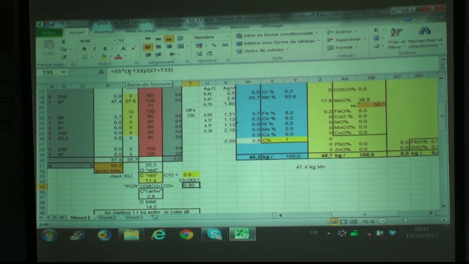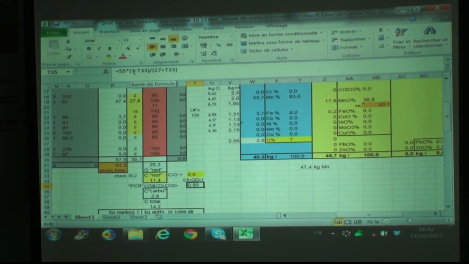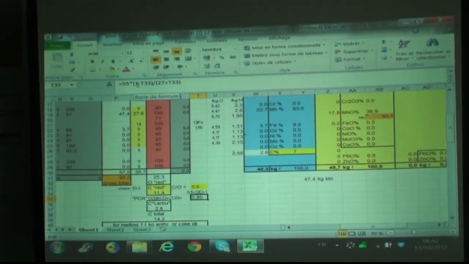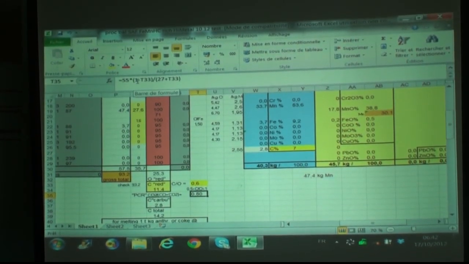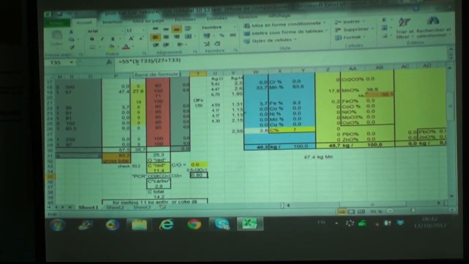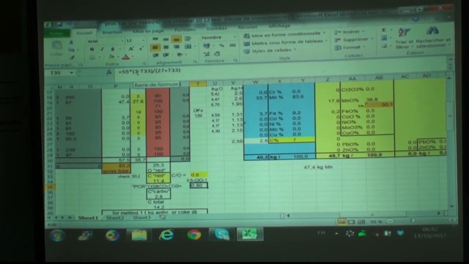The second reason is that in the ore we have MnO2.